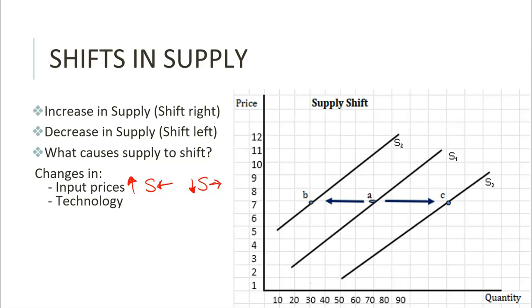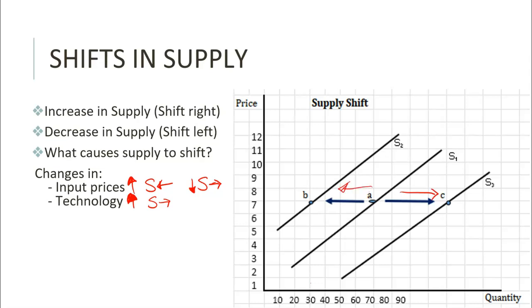Technology could be computers, electronics, software, but just anything that improves the production process. If we have an increase in technology, that means technology got better, we have more of it available, it's more efficient, more effective. So an increase in technology is going to increase supply. If we have a decrease in technology, that's going to decrease supply.